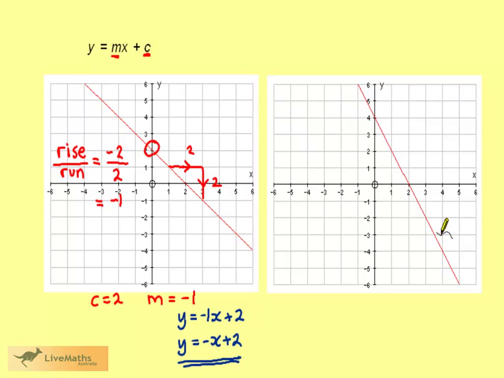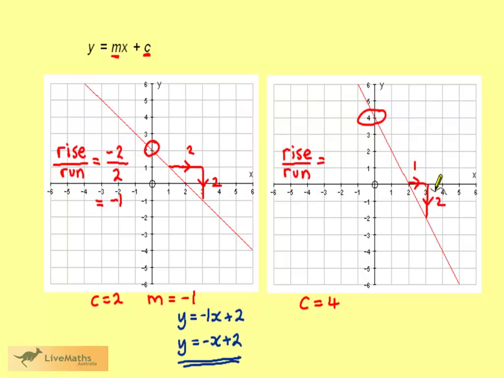Now consider this line. We can see it crosses the y-axis here, so c is equal to 4. Now for the gradient, we need rise divided by run. Choose a convenient point. If we go across by 1, we go down by 2.